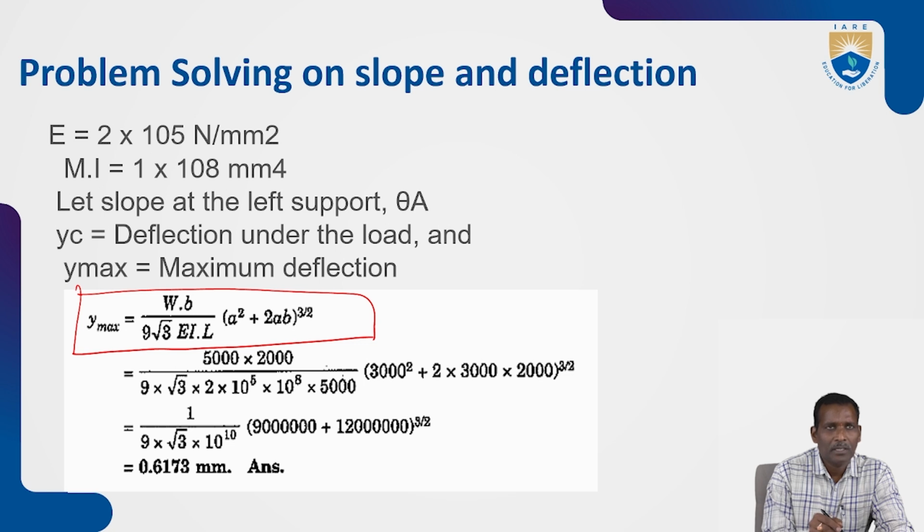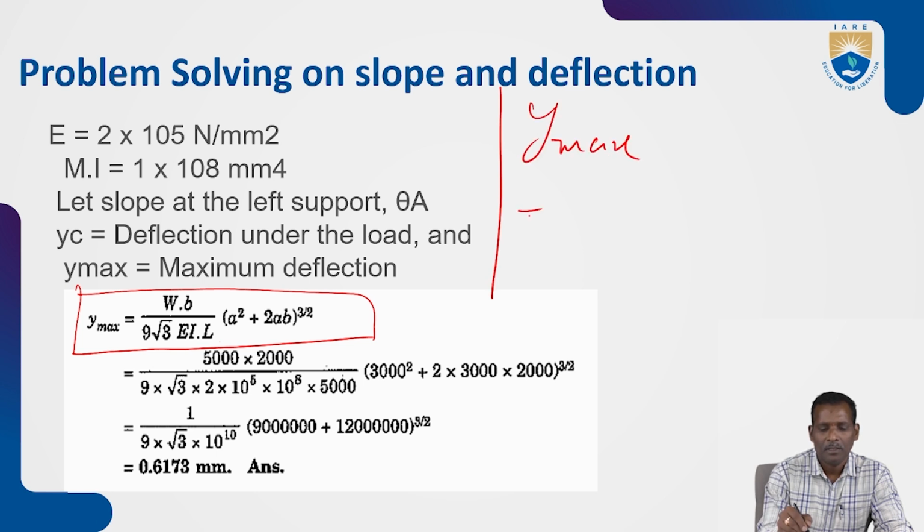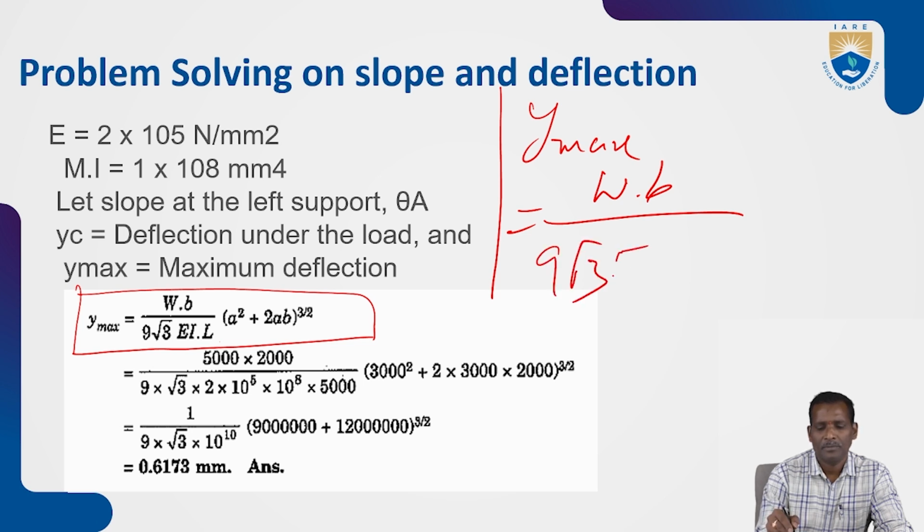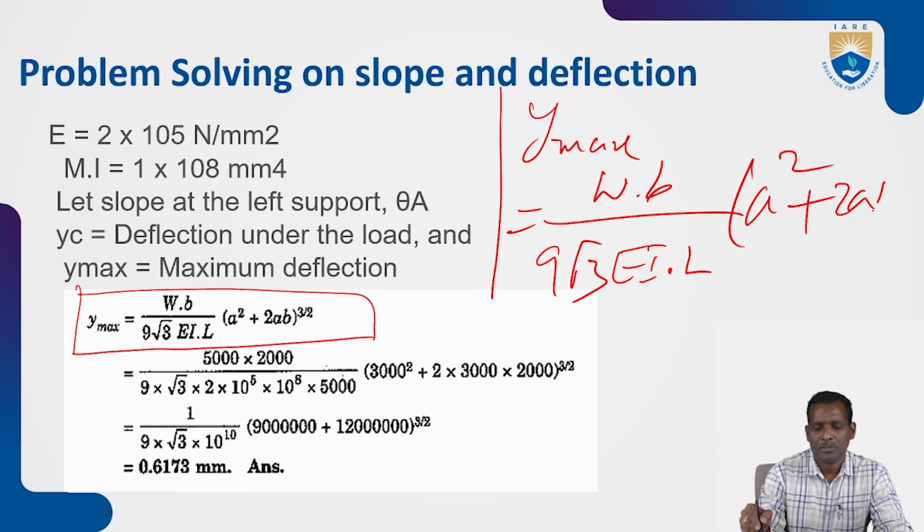W into B divided by 9 root 3 EIL, into (A square plus 2AB) to the power of 3 by 2.